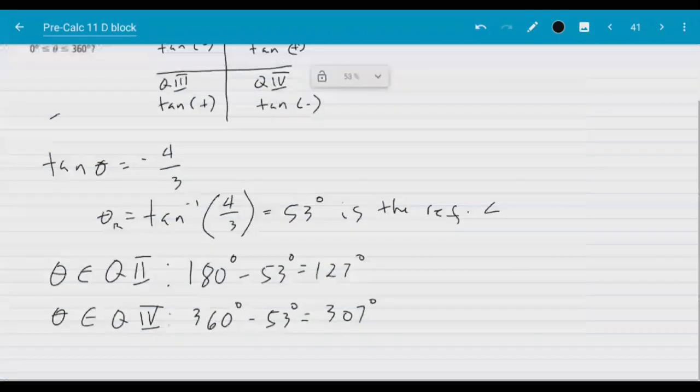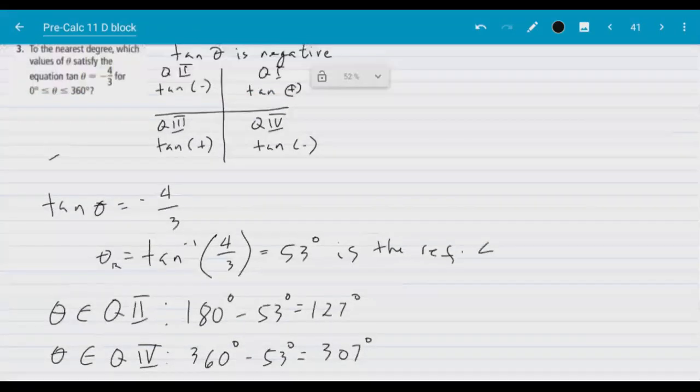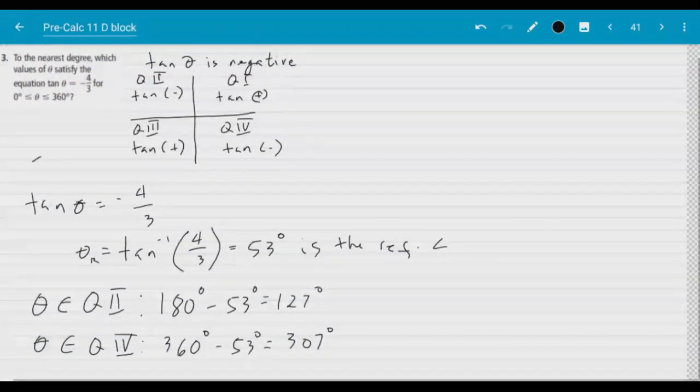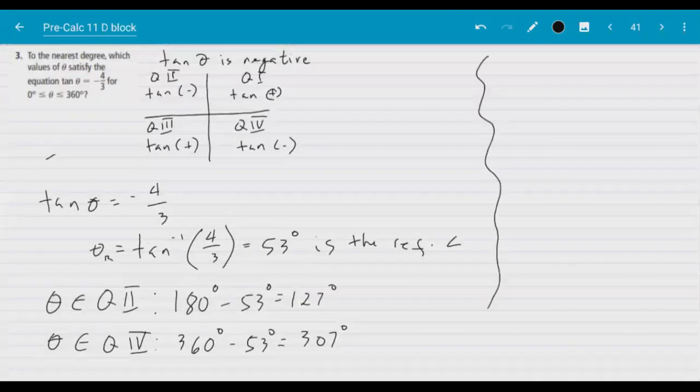Now, how do you do a sort of graphical solution, if you can call it that? Well, since the tangent is negative 4/3, and tangent can only be negative in quadrants 2 and 4, maybe I can do this.